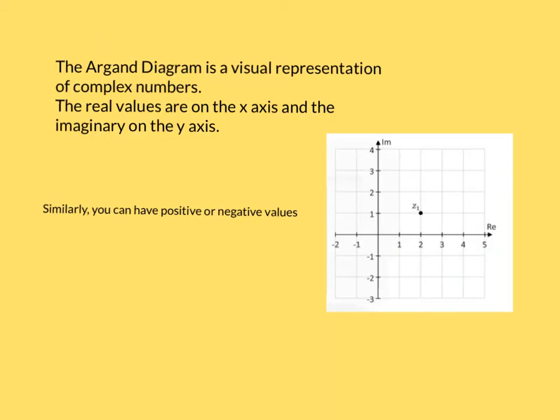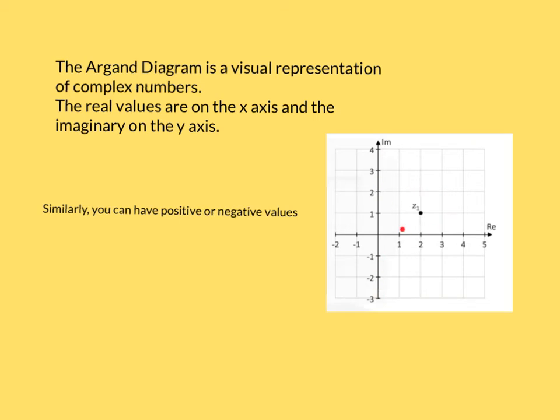The Argand diagram is just a visual representation of complex numbers, and it looks very like our xy axis that we use in coordinate geometry. Our real values are on the x-axis, denoted by Re, remember that. And then our imaginary values are on the y-axis. As normal, we have positive and negative real values, and positive and negative imaginary values.